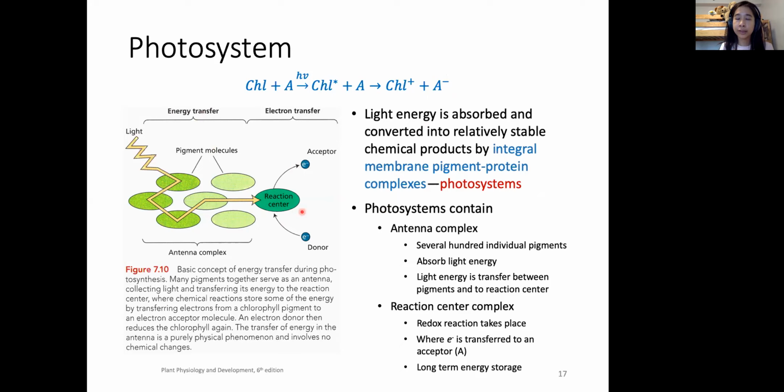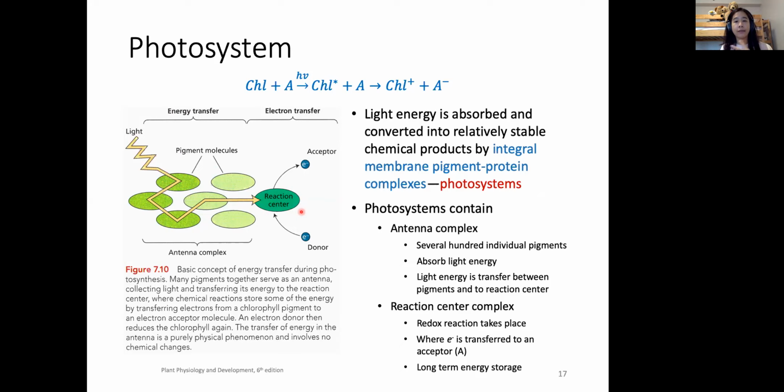In photosynthesis, there are two kinds of photosystem, photosystem 1 and photosystem 2. Each of them has different pigment molecules in their antenna complex, and their reaction centers need energy from different light wavelengths.